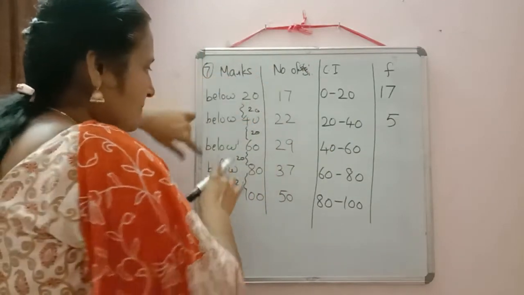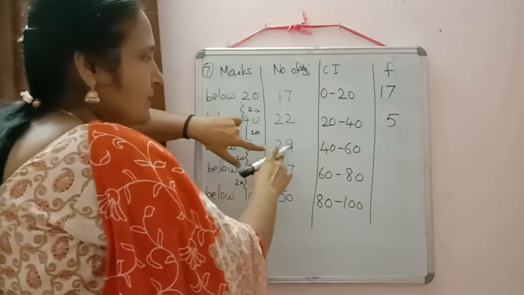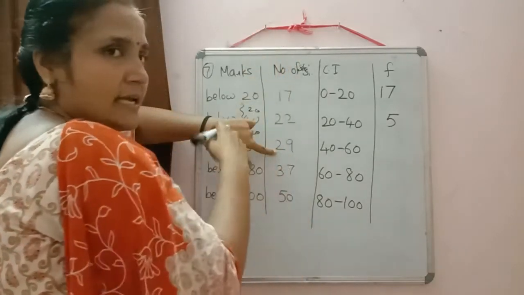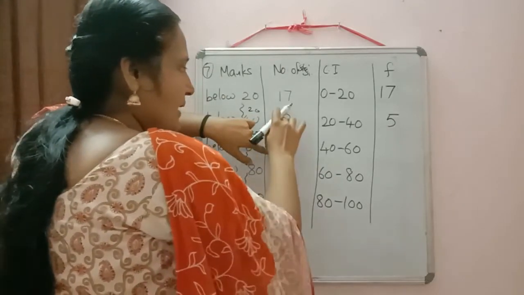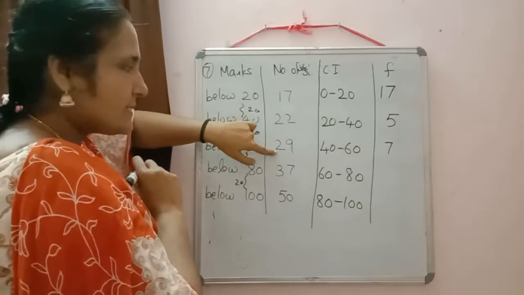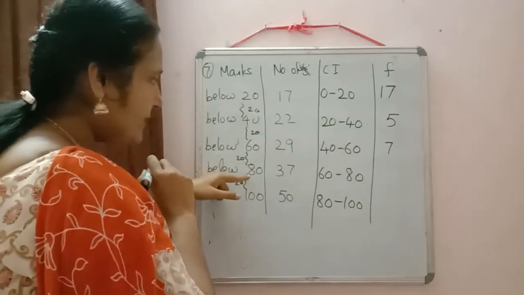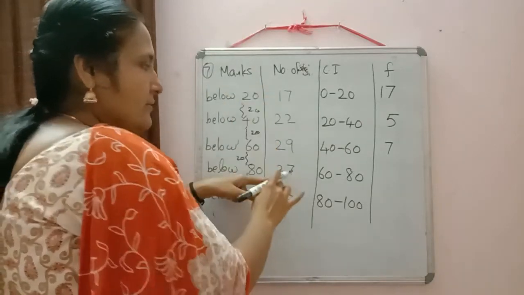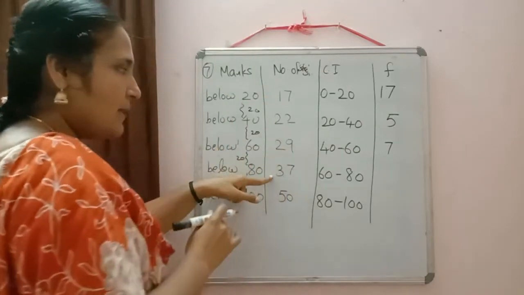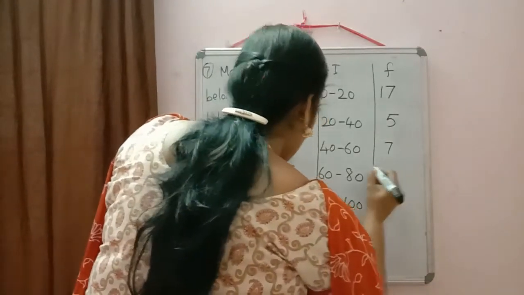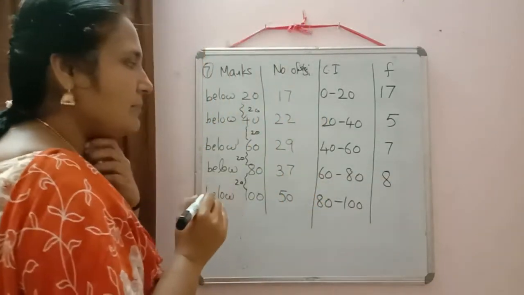Then next, below 60, how many students are there? 29. But already 22 students are included there. So remaining 29 minus 22, that will be equal to 7. Then next, below 80, 37 are there. 29 already included here. So 37 minus 29, so it will be equal to 8.